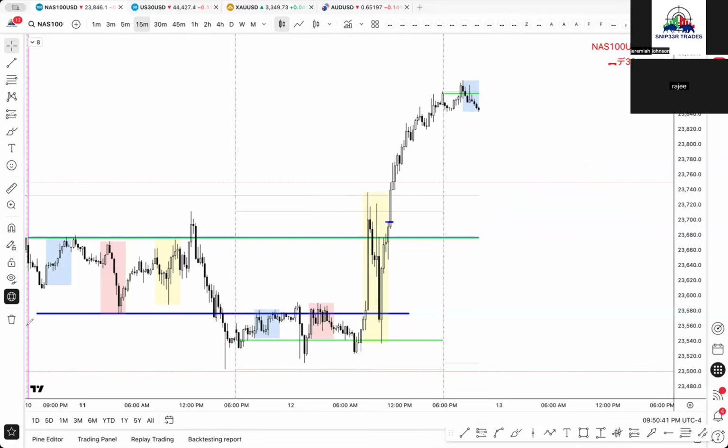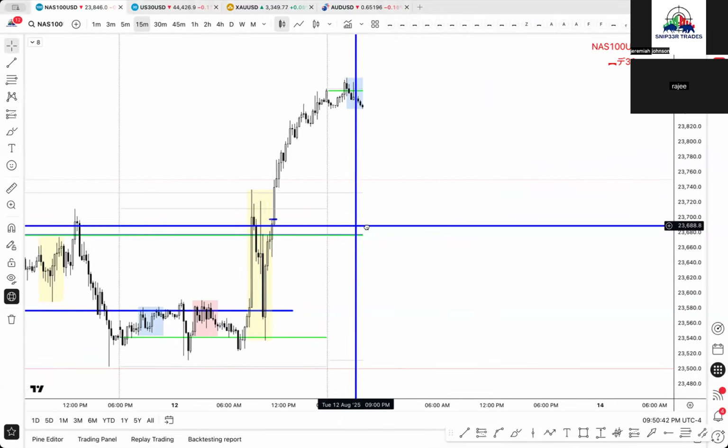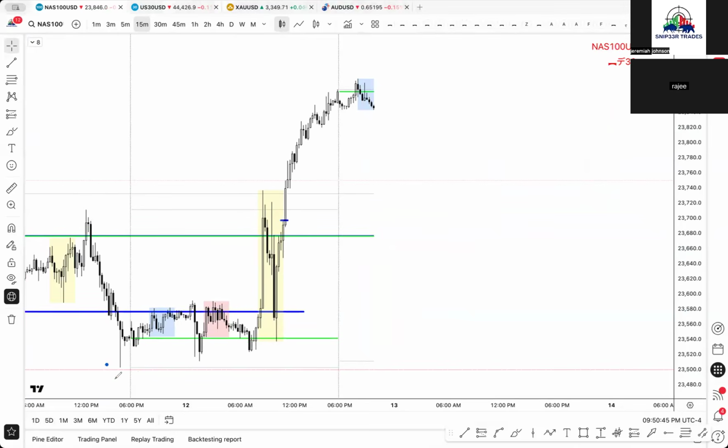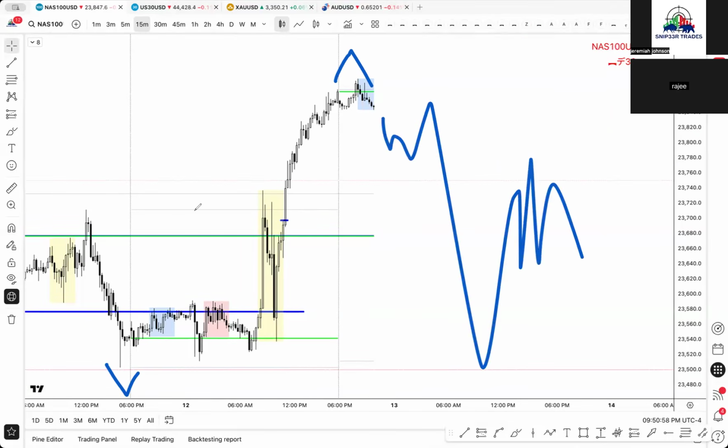Correct. And if Monday and Tuesday is the high and low of the week, guess what? They can either fail in reverse, pull back in trend, or do nothing. Just fugazi.